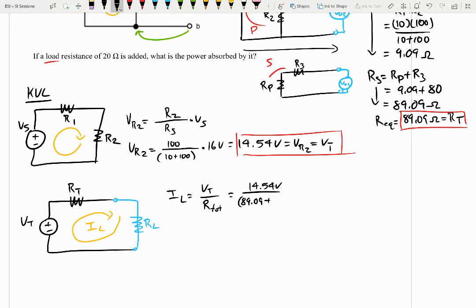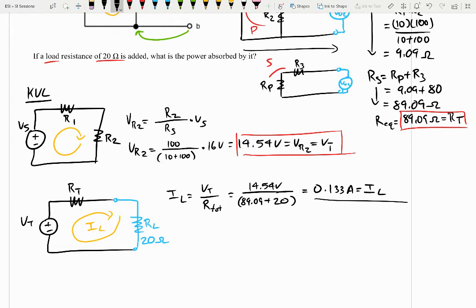And we said that our R load is going to be 20 ohms. Let's go ahead and punch that in real quick. This will give us 0.133 amps for I load.